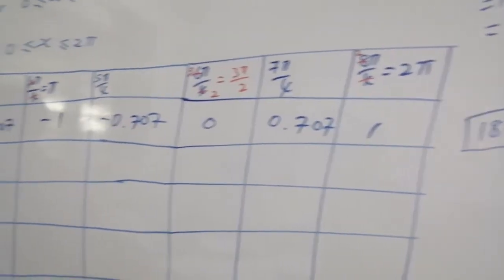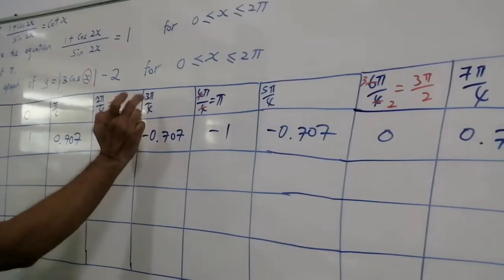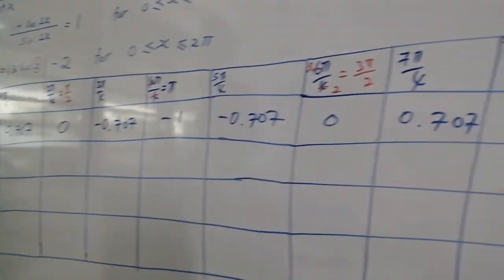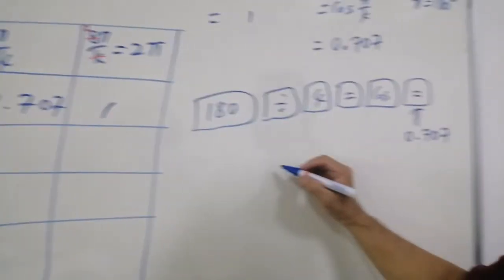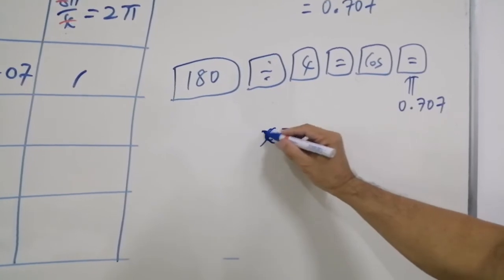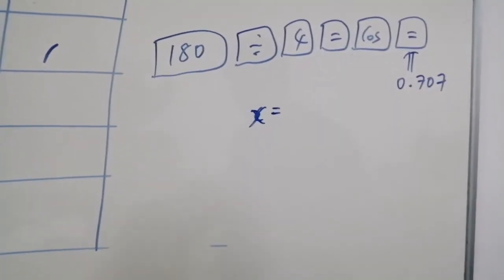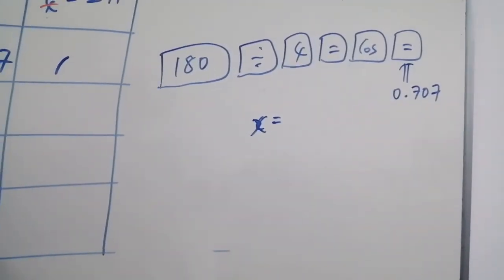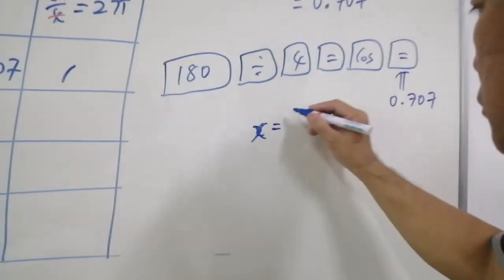Okay, I solve for you this one more. If my x here equals 3 pi over 4.